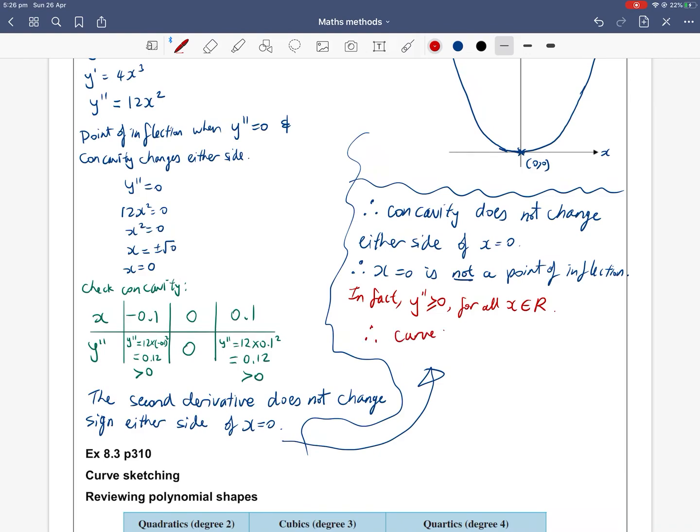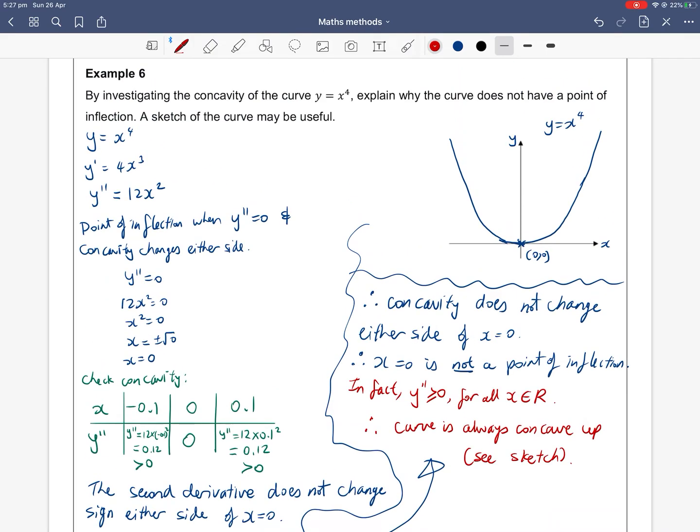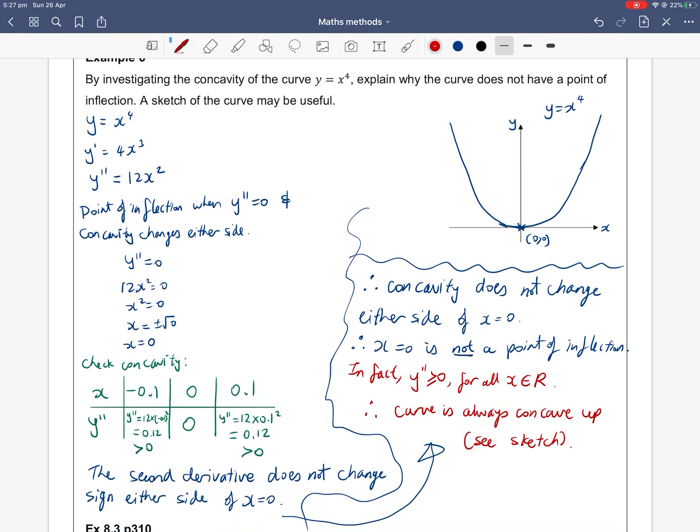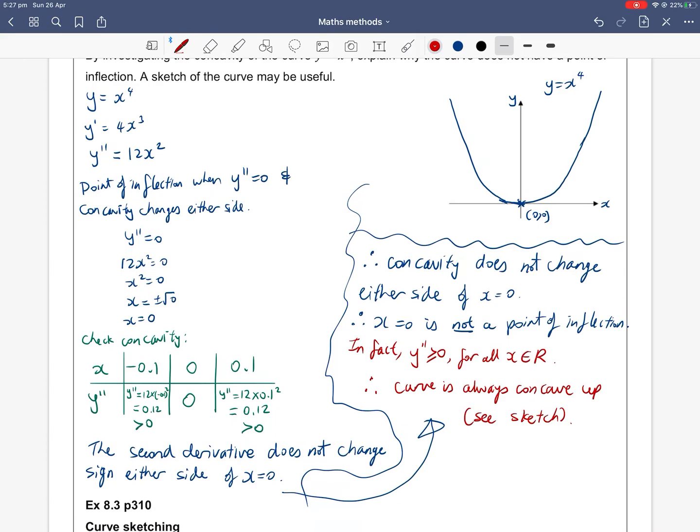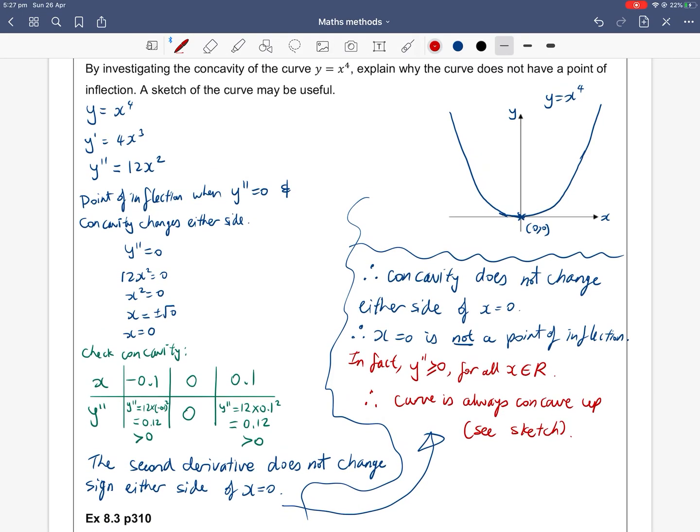So therefore, the curve is always concave up because our y dash dash is positive. And then that is verified true because of our sketch. If you look at y equals x to the 4, it's a smiley face. You're happy. It's always concave up regardless for all x values. So there's no way that there's a point of inflection for y equals x to the 4.